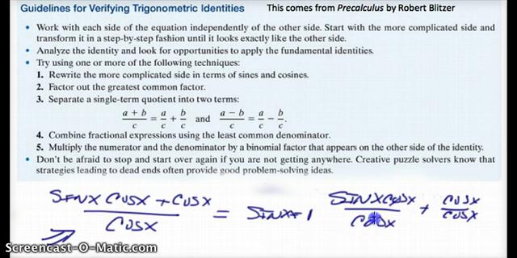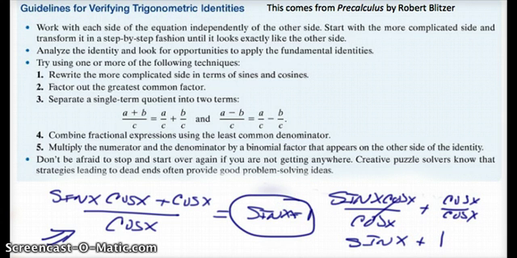Well, we know this part's just going to be sine of x plus, and then this part's going to be 1, which is what I was looking for. So that is a helpful step, and that is taking an expression and breaking it up with the denominator as a common denominator.